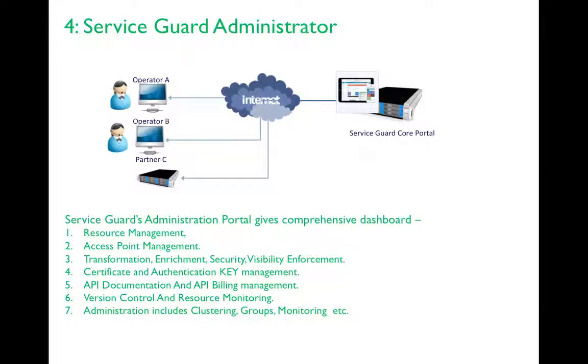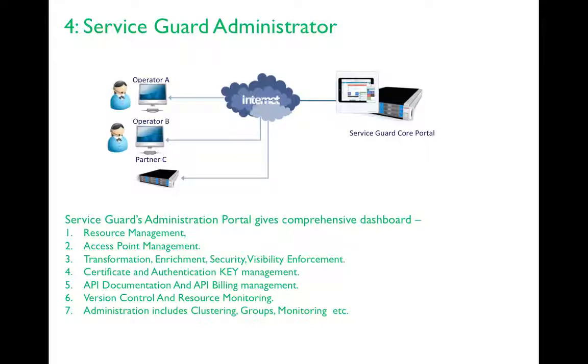Then API documentation, as well as API billing, which API should be billed. There's a global setting as well as an API level setting, and also the relevant documentation for each API. So you can say what's the input, what's the output, as well as what the error codes are and things like that. You can define it in the API documentation part.